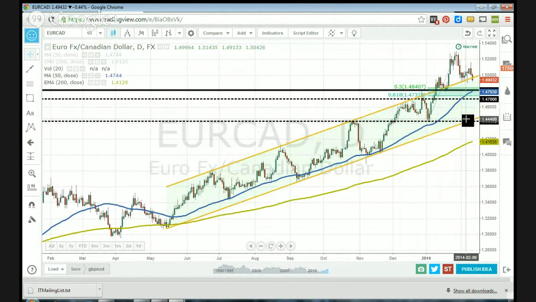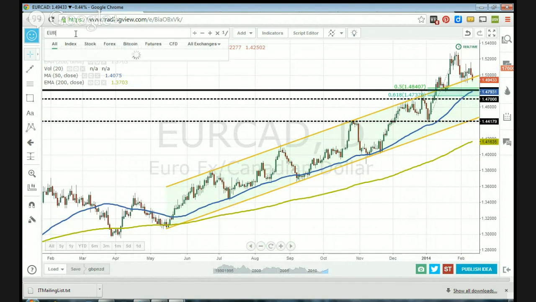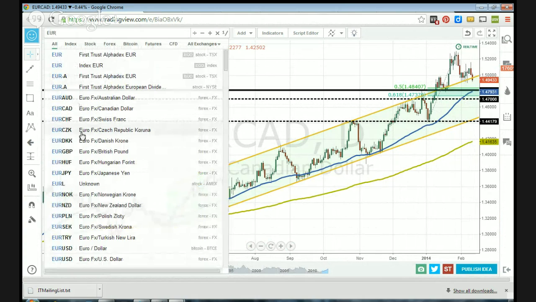Right now it still has to fall about 130 pips or so. If it can, I might be interested in going long. So Euro Aussie and Euro Canada are both waiting. Euro Aussie might be ready a little earlier, unless there's a big move today.